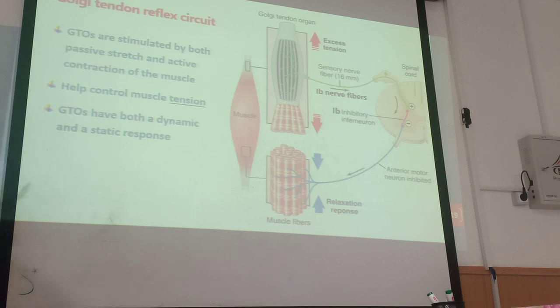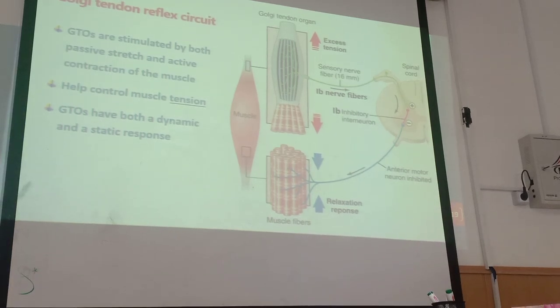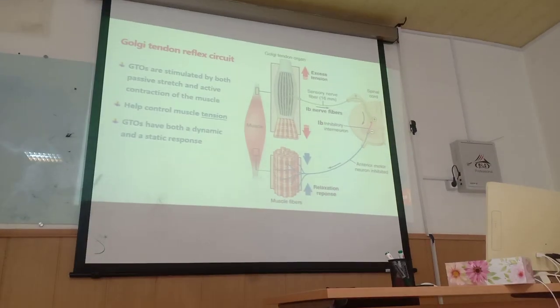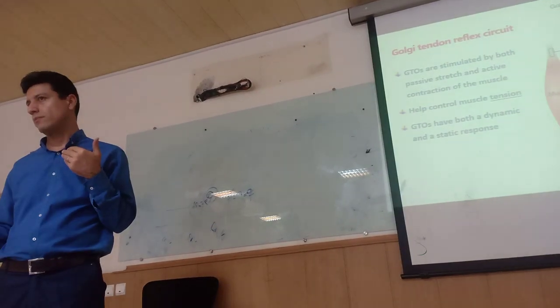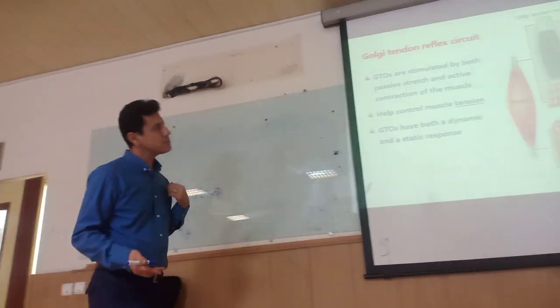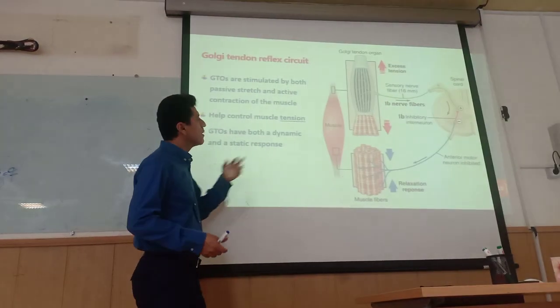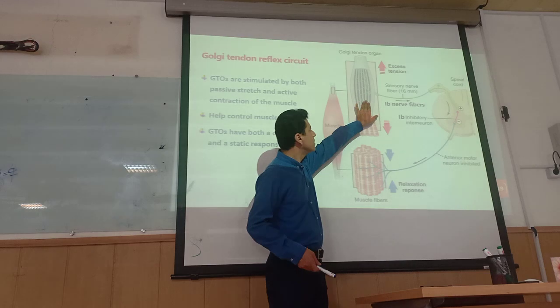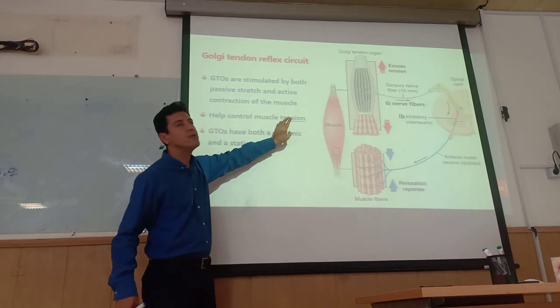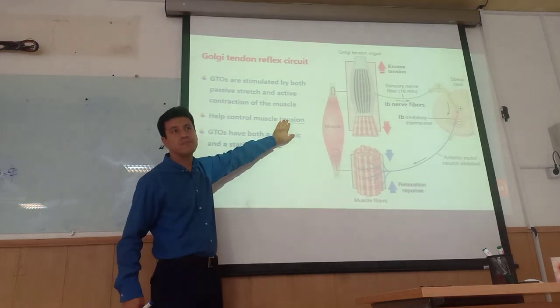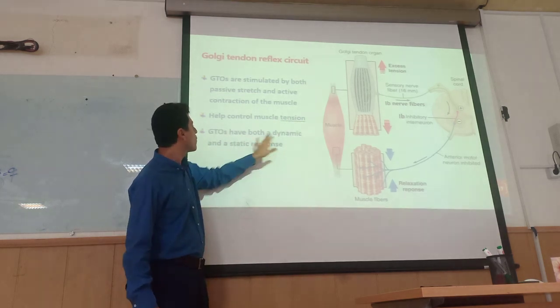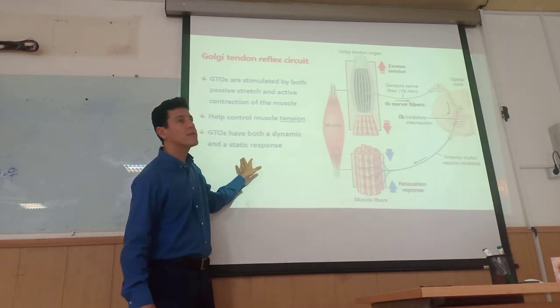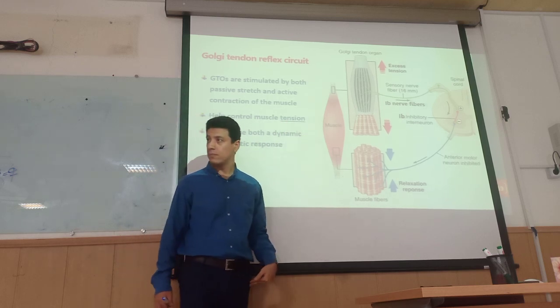So in this reflex, we have 3 neurons in succession: 1B, inhibitory interneuron, alpha. Right? Yes. Okay. So, GTO responds to tension or force of the muscle. We have both dynamic response and static response also here.